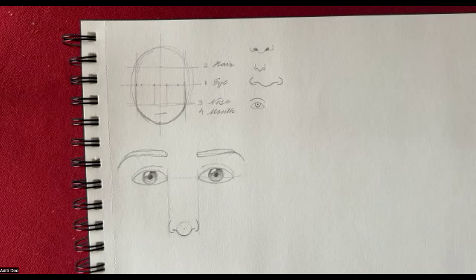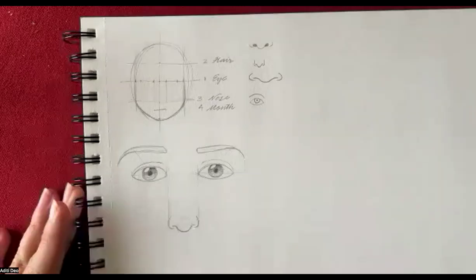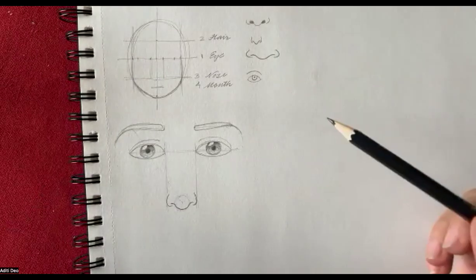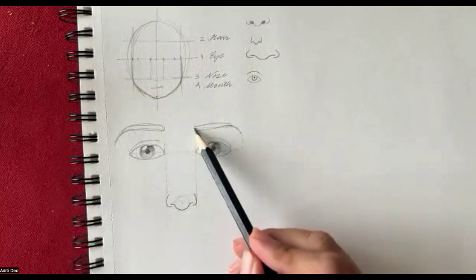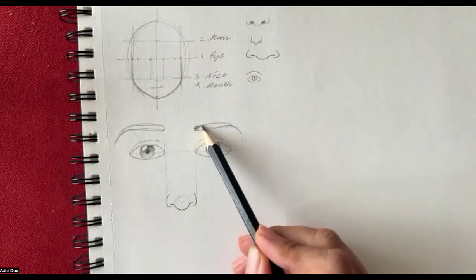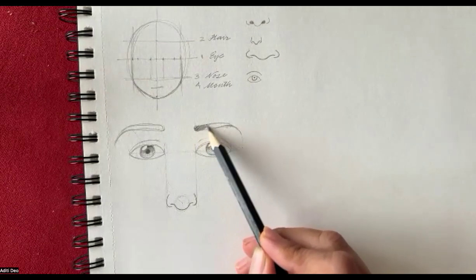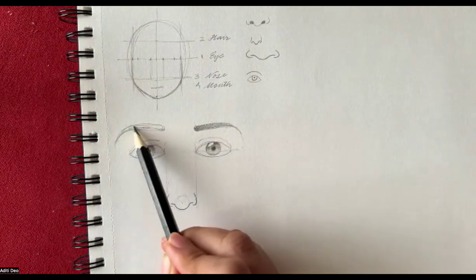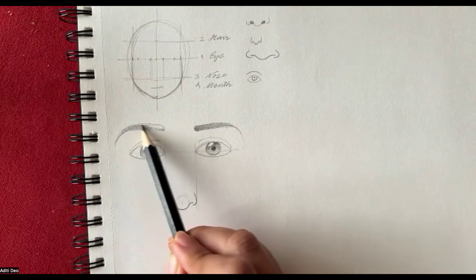So I'm not going to give you that story again. Now, once this is drawn, we can just shade the eyebrow dark for now. I'll give you more details on this when we do the realistic portraits next week.